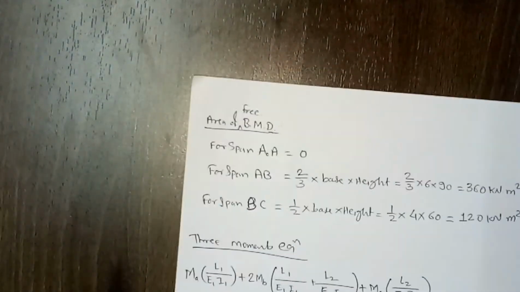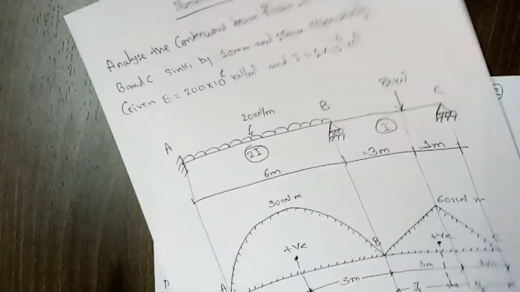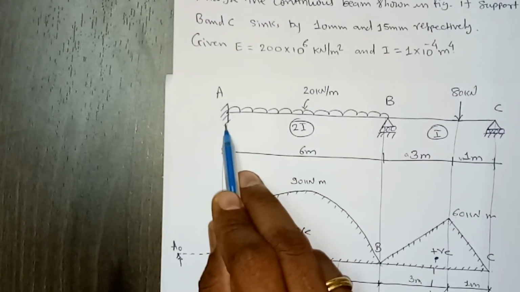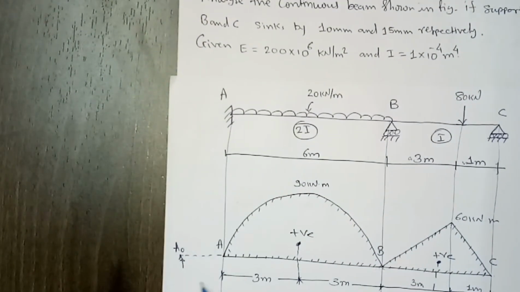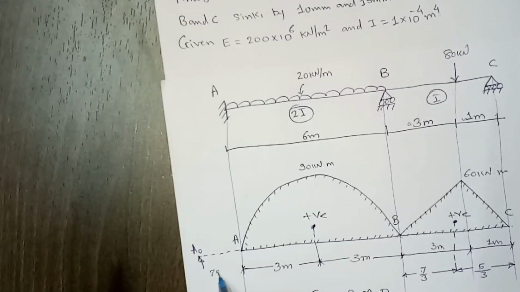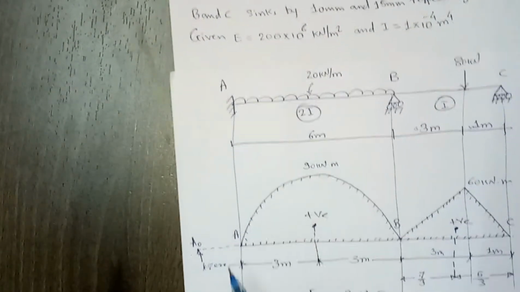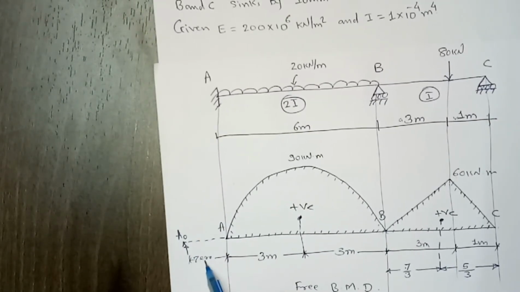In the last class we already saw that if there is a fixed support, then we have to assume an imaginary span of 0 length. So this length is 0. We have to replace this fixed end with a continuous beam with 0 span.